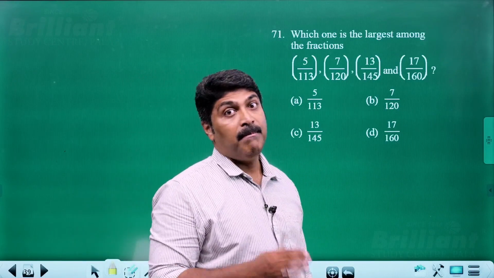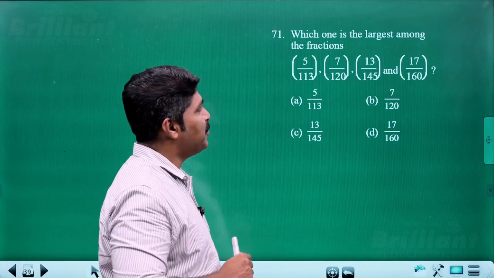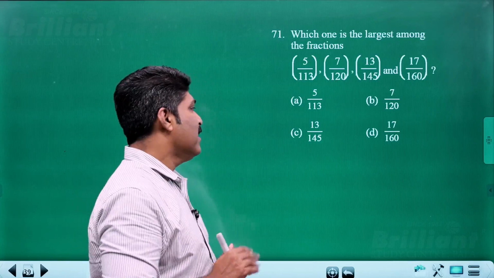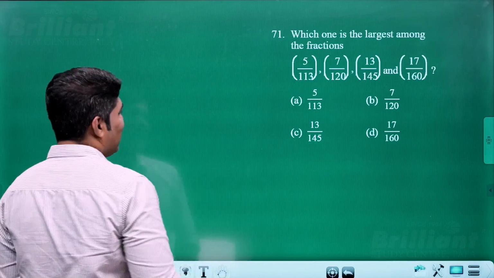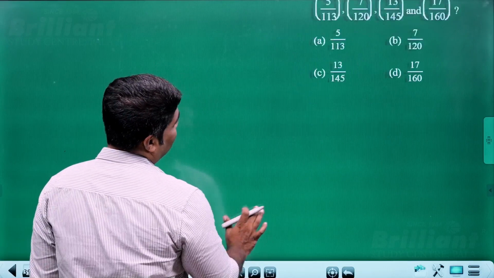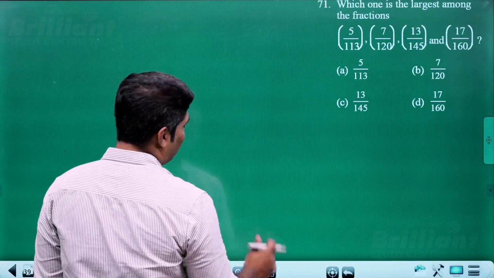All are proper fractions, where the numerator is less than the denominator. Then which trick can we apply here? A very interesting trick: take the reciprocal of each fraction.